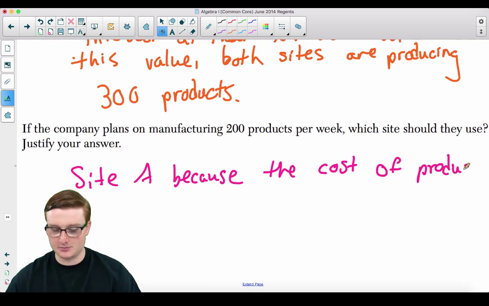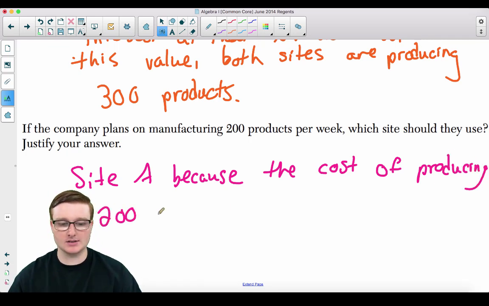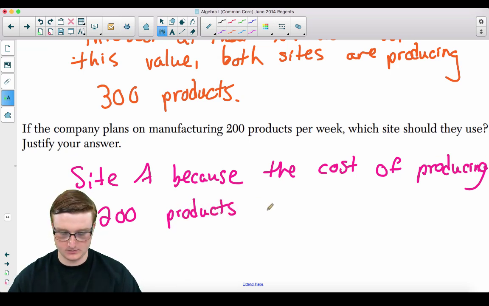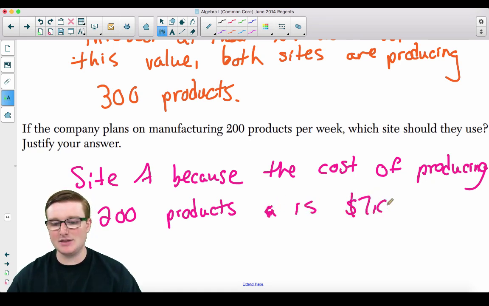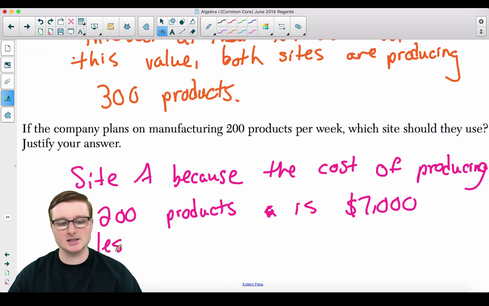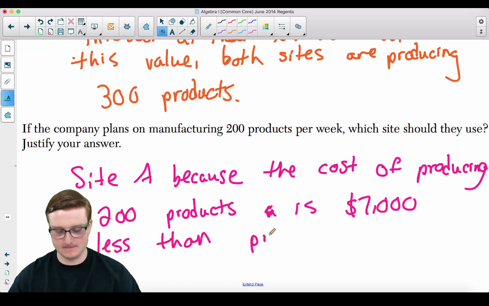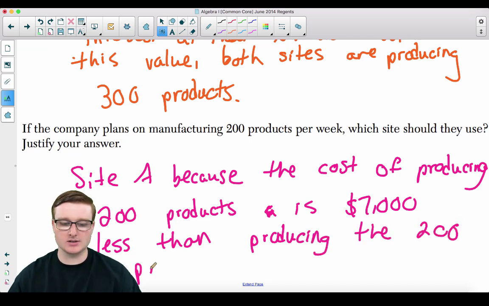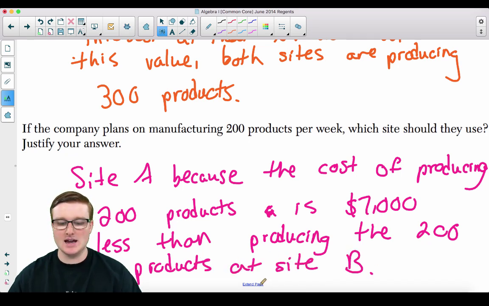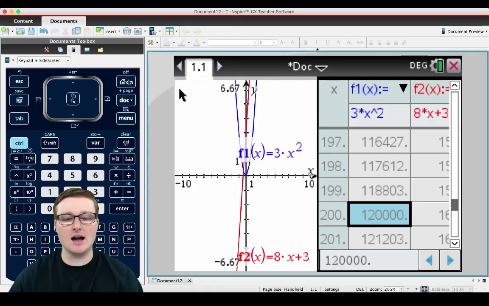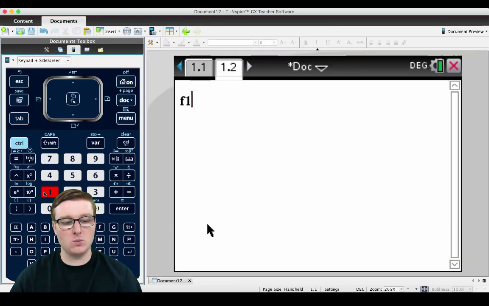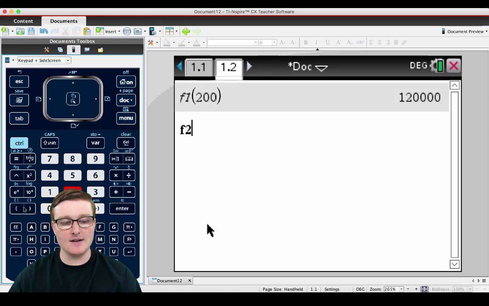of producing 200 products is $7,000 less than producing the 200 products at site B. And the reason why you could justify that is if you go to your calculator and you type in F1 of 200 and then F2 of 200.